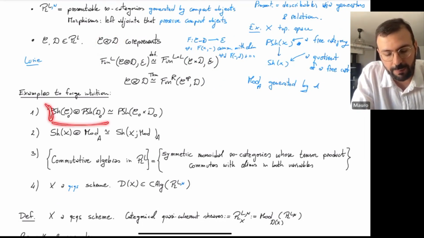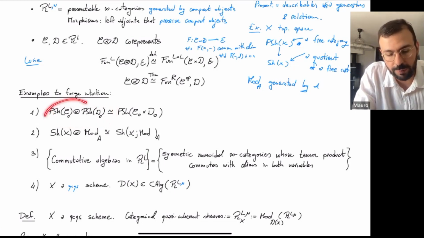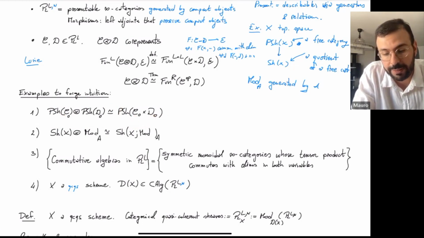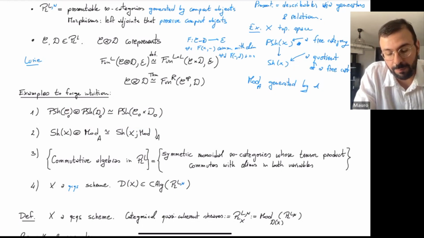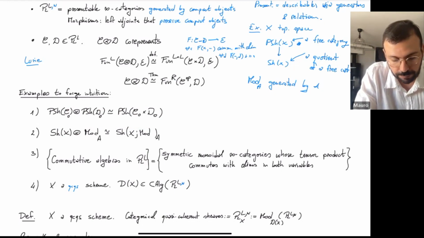If we look at pre-sheaf categories and take the tensor product, we just get pre-sheaves on the product of the two things. So if we have two topological spaces, then the tensor product of their pre-sheaves is just pre-sheaves on the product.